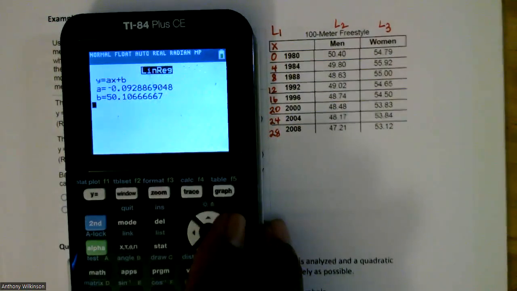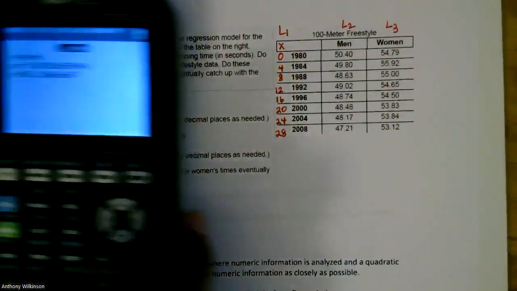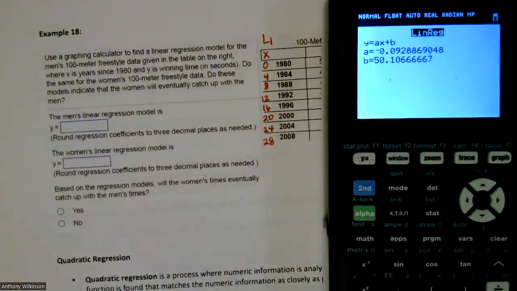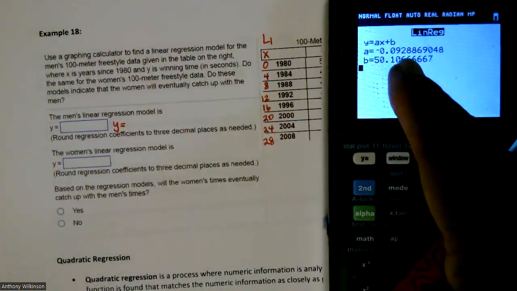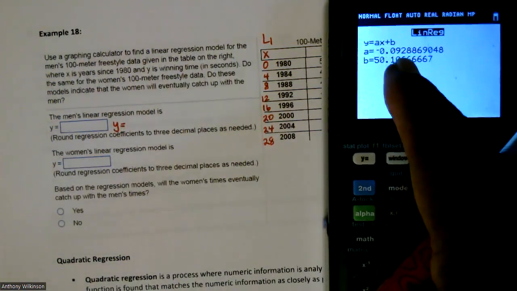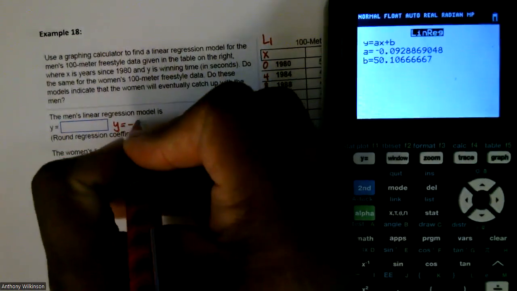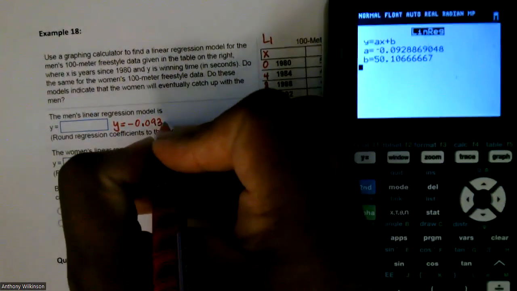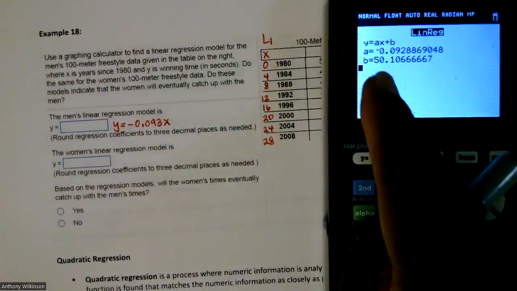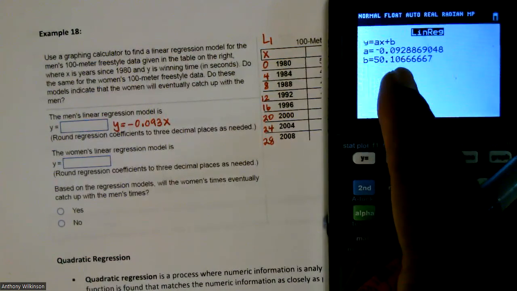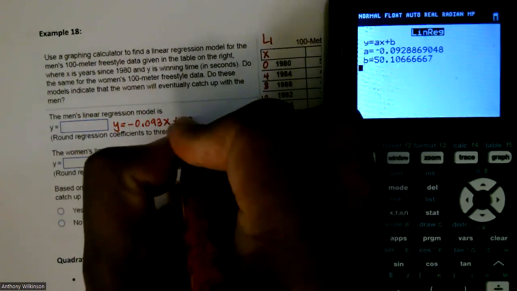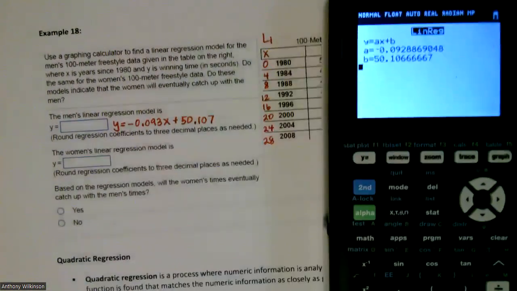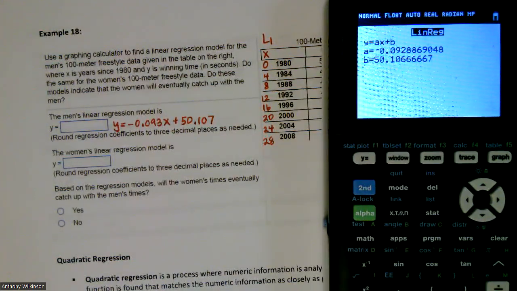So when you write that linear regression equation for the men, it's going to be y is equal to your a to 3 decimal places, which will be negative 0.093, with the x behind it, plus b to 3 decimal places, which will be 50.107. Now that is the men's linear regression model for this situation here.